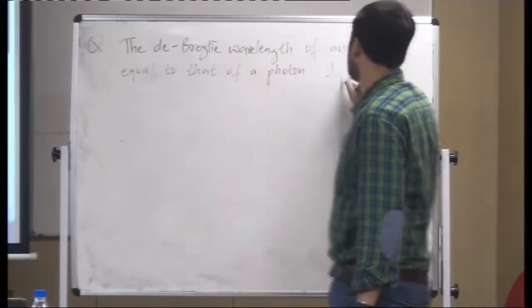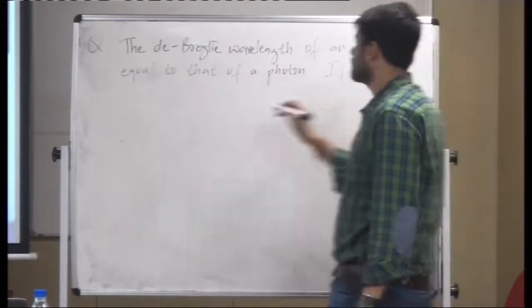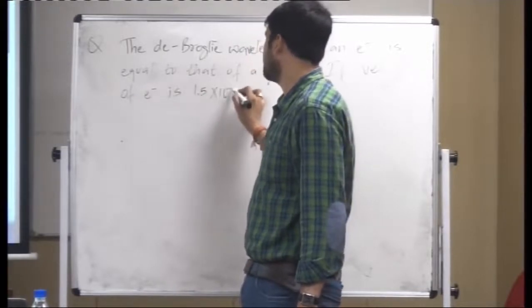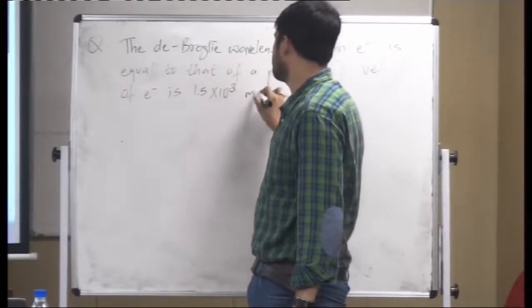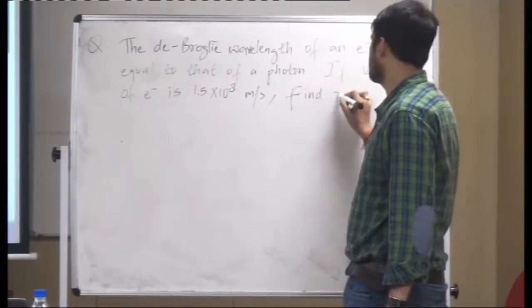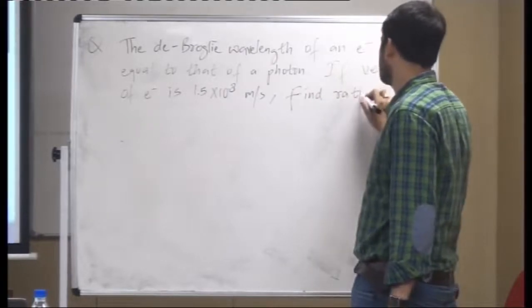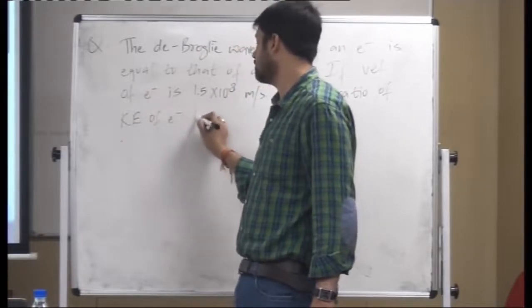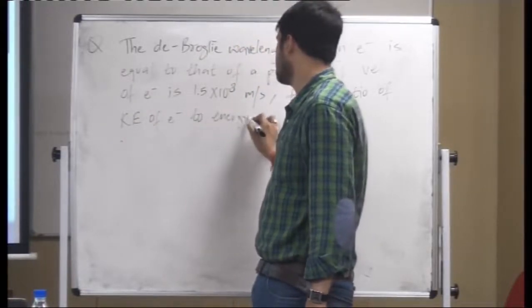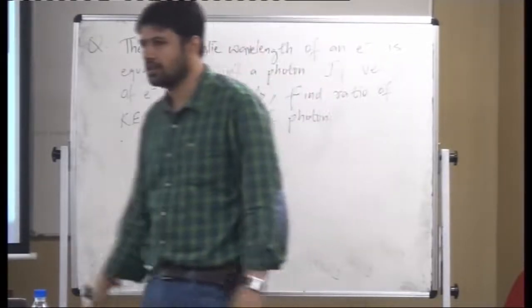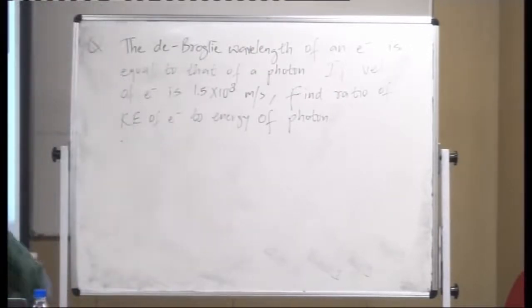If the velocity of the electron is 1.5 into 10 raised to power 8 meter per second, now find the ratio of the kinetic energy of the electron to the energy of the photon. 10 to the 8 is half of the speed of light.